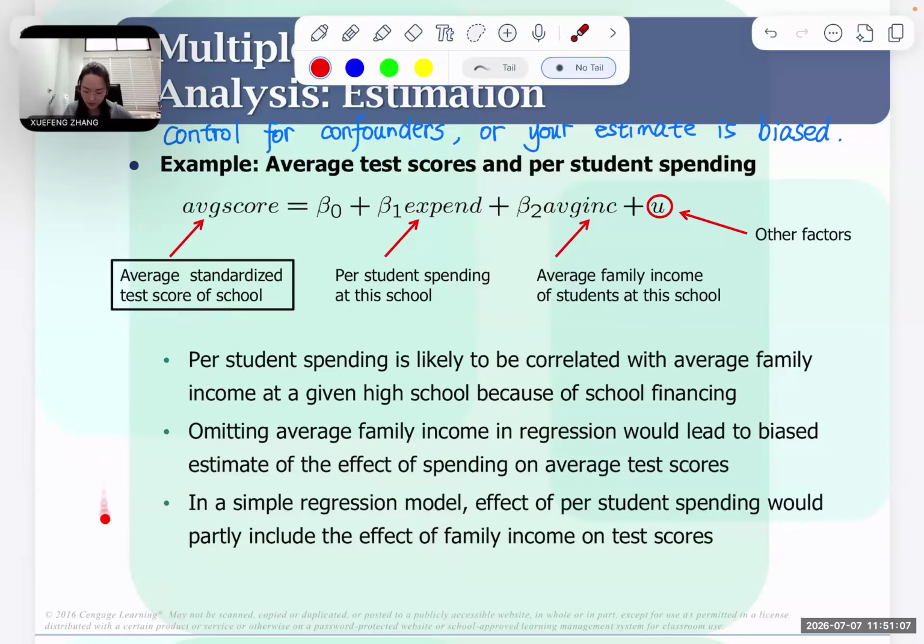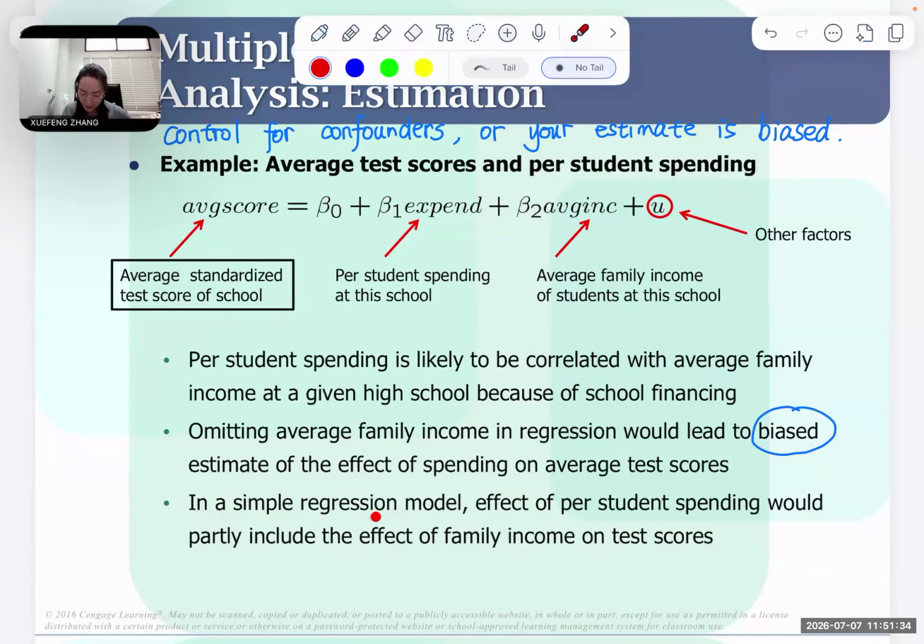Okay, so I showed you here, per student spending is likely to be correlated with average family income at a given high school because of school financing. Omitting average family income in the regression would lead to a biased estimate of the effect of spending on average test scores.